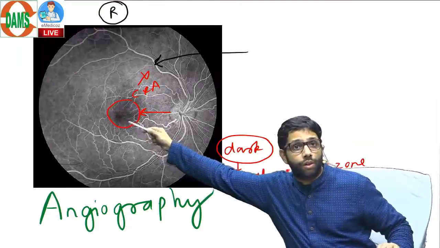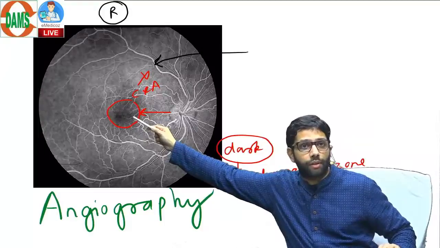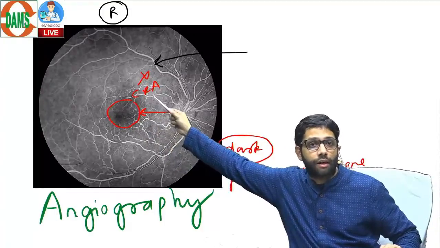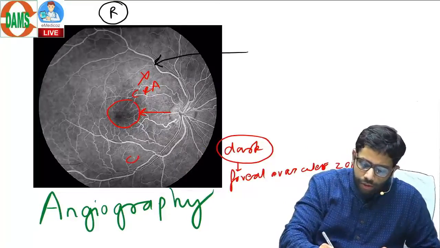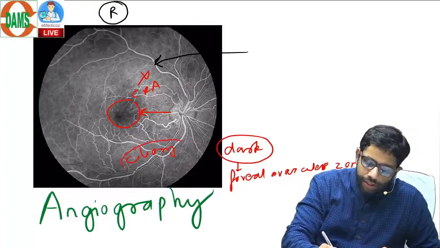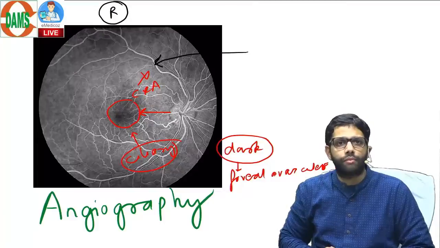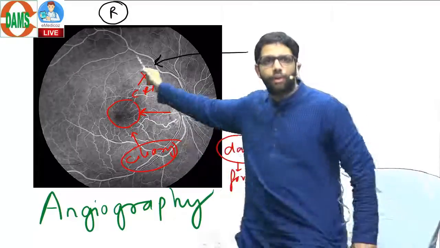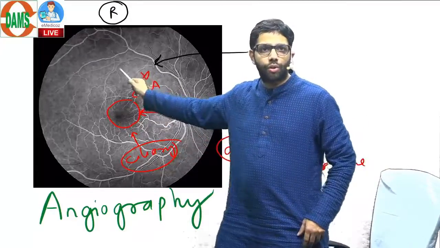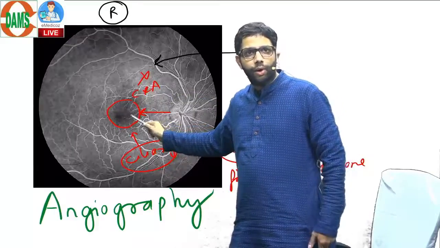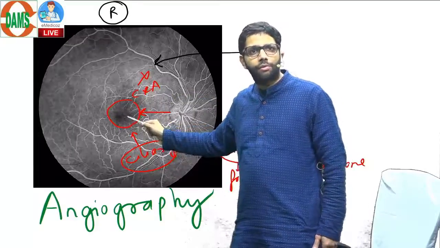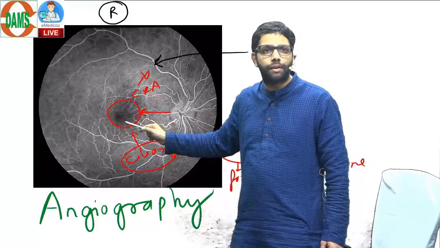But this is the most important point of the retina. If it is not getting blood supply from the central retinal artery, how is it getting nutrition? Of course, from the choroid, from the ciliary circulation. Everywhere surrounding the retina, we are seeing the whitish hue because there is choroidal dye. Here also, behind there are choroidal vessels. Why are we not able to see the choroidal vessels?